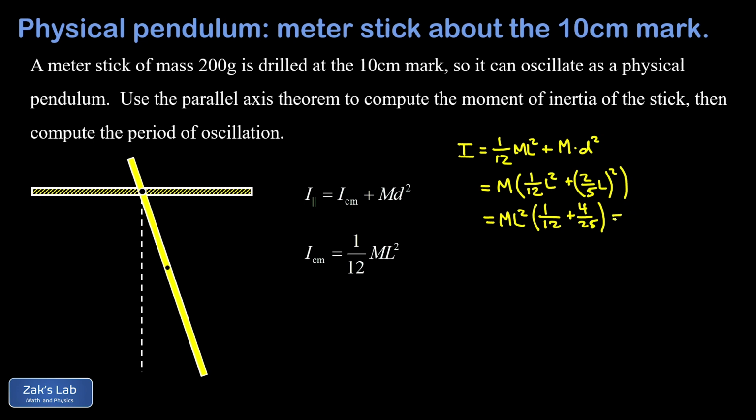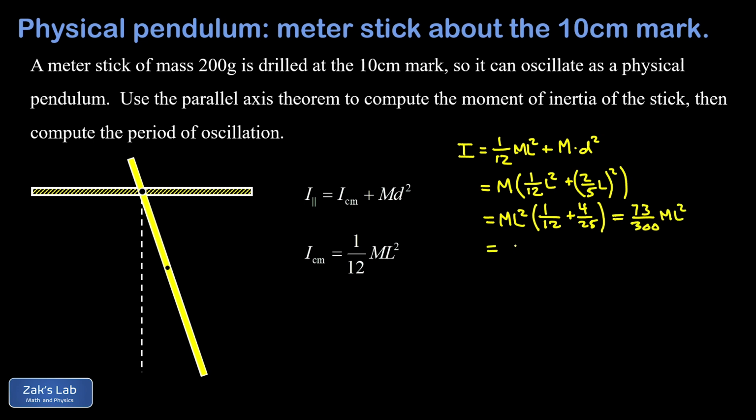Since I'm already going down this road of writing down a symbolic solution, let's just get the denominator of 300 on this. I multiply the first fraction by 25/25, giving me 25/300. The second fraction, multiply by 12/12, and that gives me 48/300. Add those two up, 25 and 48, gives me 73/300 times ml squared.